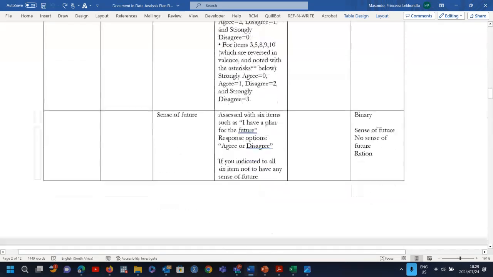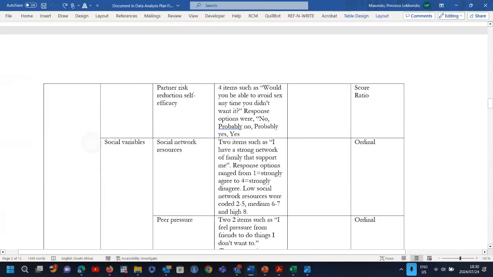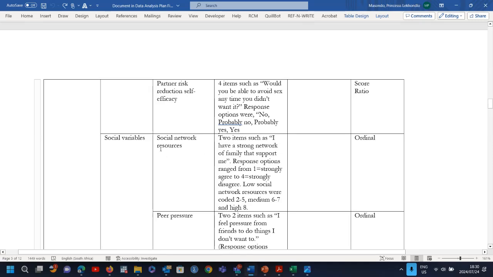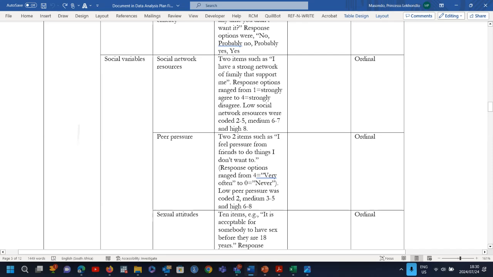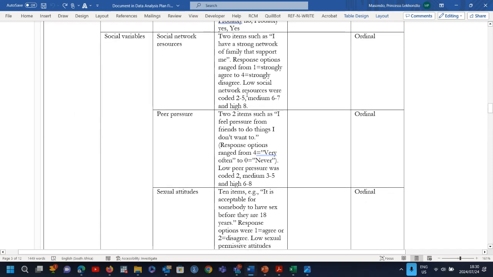And then some of the variables are social variables. So it's your social network, resources, peer pressure. And with each one, as I've said, you say how you're going to measure it.